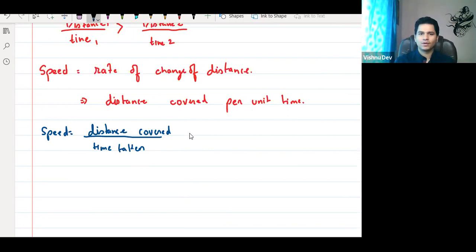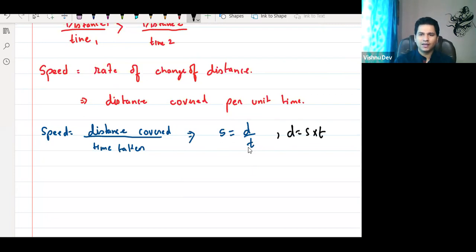So I can just write it as a shortcut. If you want to write the symbol, I can just write S is equal to d by t. I hope all of you know cross multiplication, है ना? So can I just cross multiply and write d is equal to s into t?